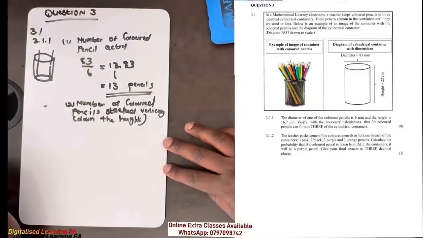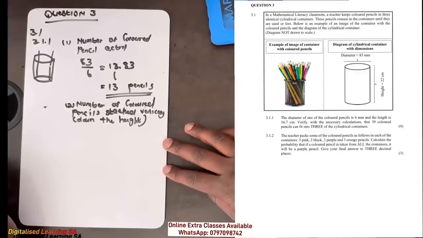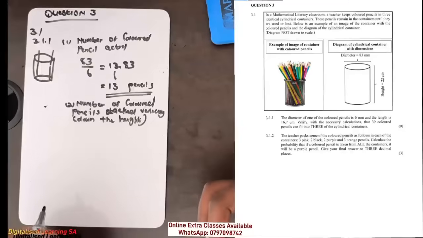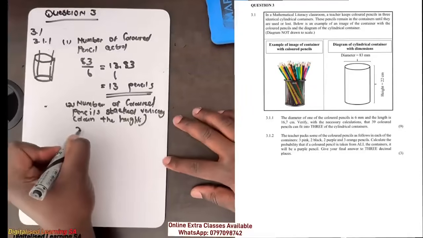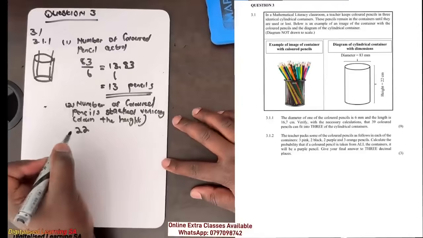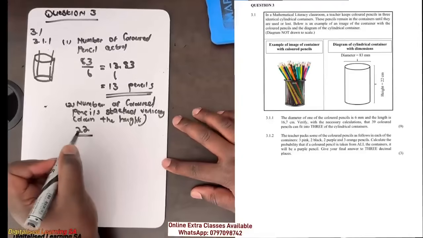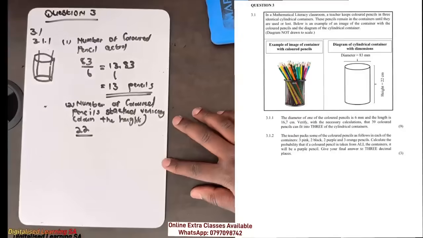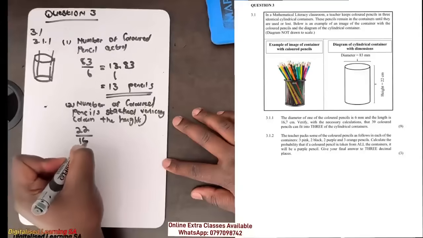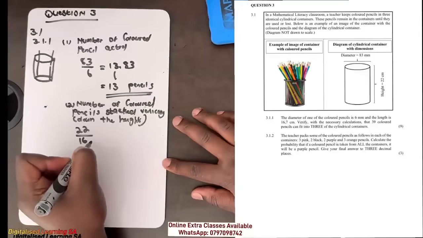Okay, so we know that our height is 22 centimeters, and we are told that the length is 16.7. So we are going to divide by 16.7.